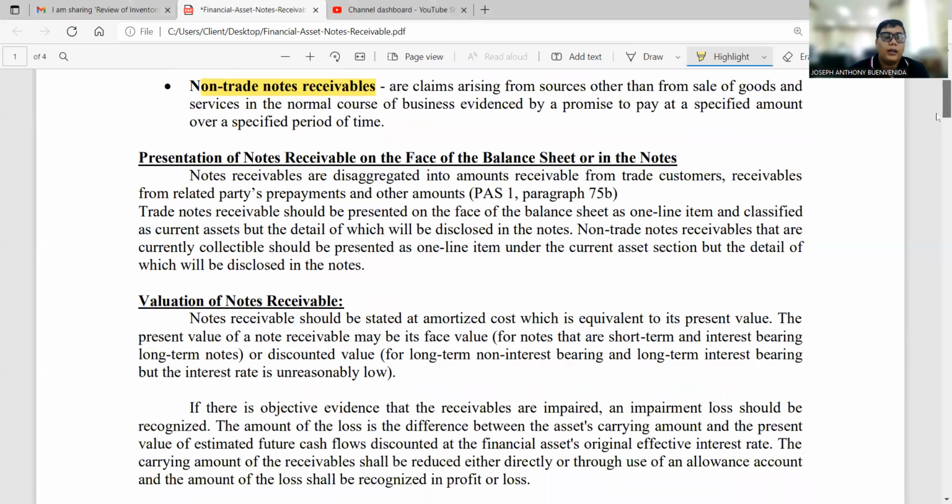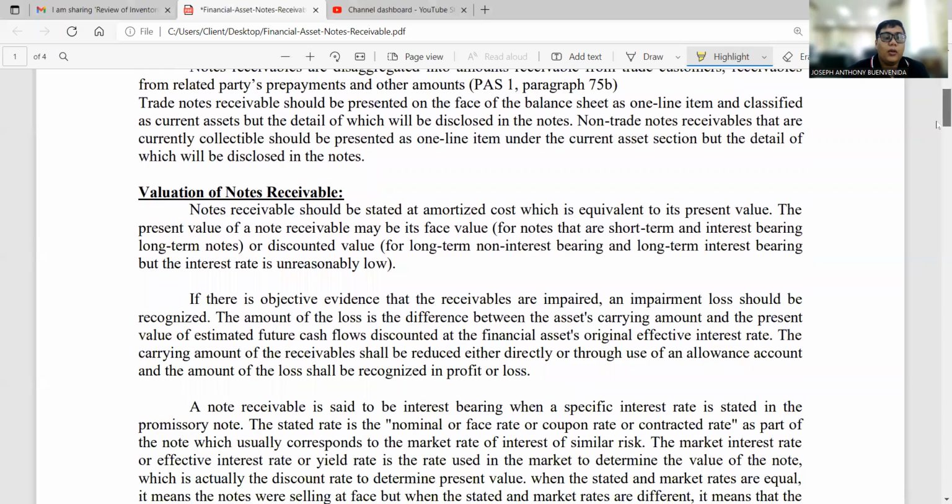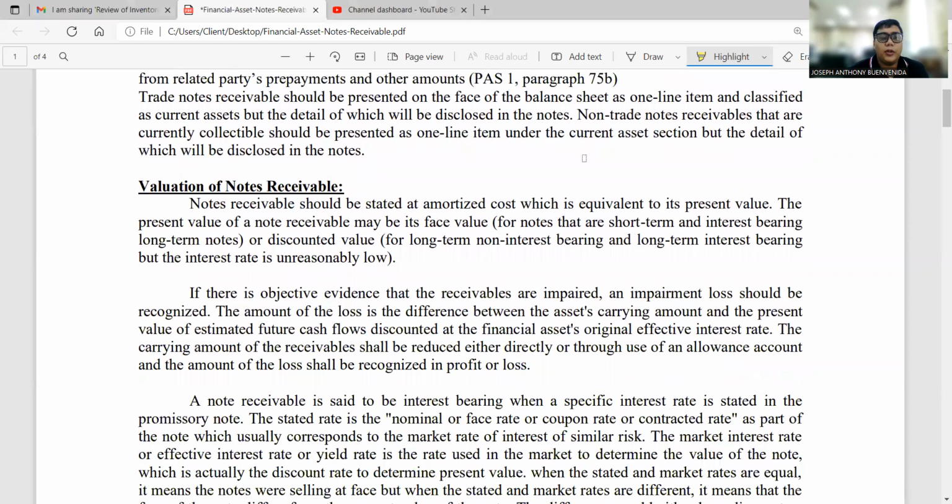Okay? So, evaluation of the notes receivable. Notes receivable should be stated at amortized cost, which is equivalent to its present value. The present value of notes receivable may be its face value for notes that are short-term interest bearing, or discounted value if the note is non-interest bearing.